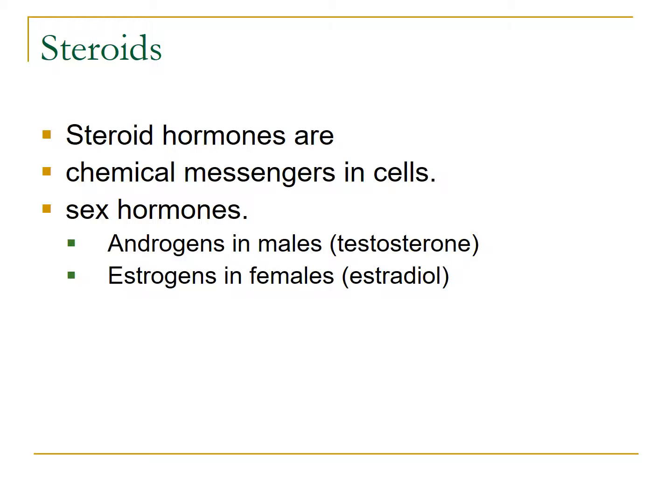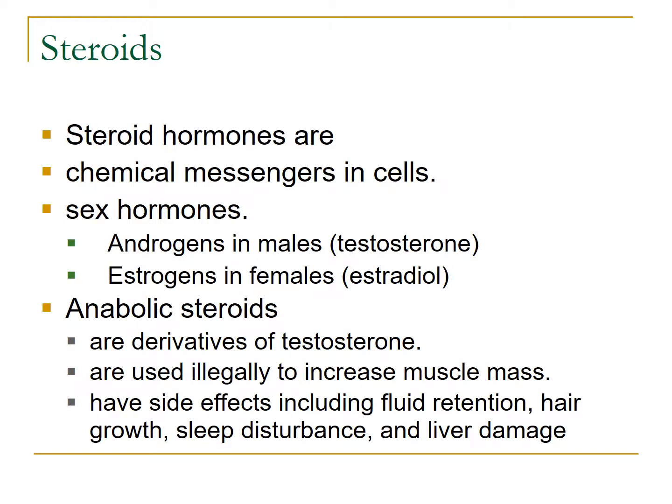And then estrogens, such as estradiol in females, is another kind of steroid that has the classic steroid structure. And of course it's going to have female traits developed based on the chemical messenger telling the cells to develop certain properties.